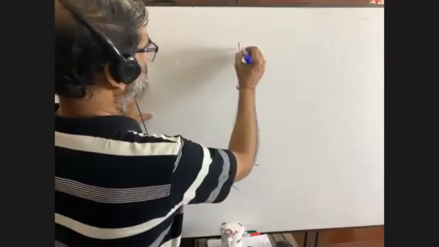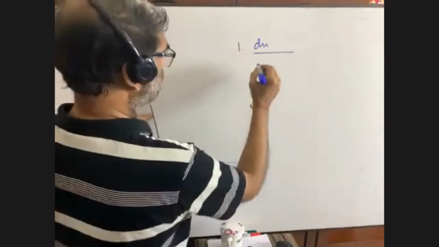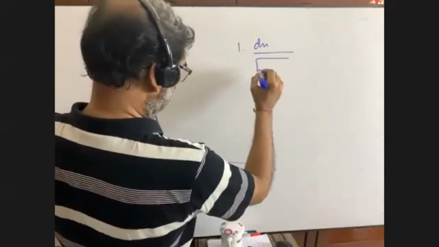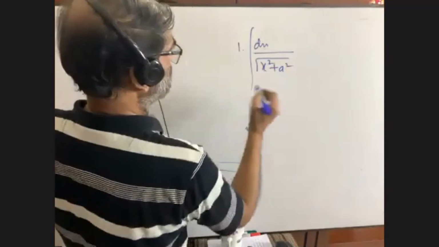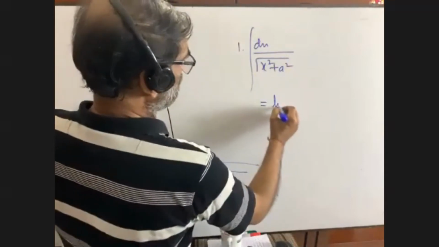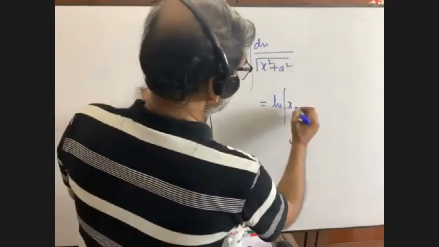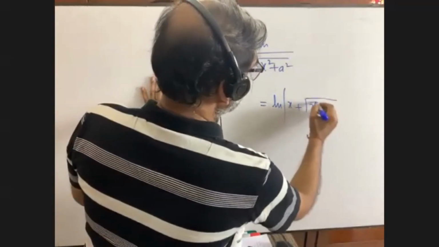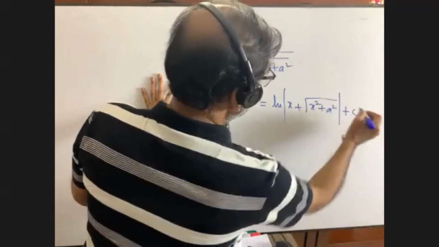Write down the formula. dx by root over x square plus a square. What is this formula? Ln absolute value x plus root over x square plus a square plus c. Write down the formula.